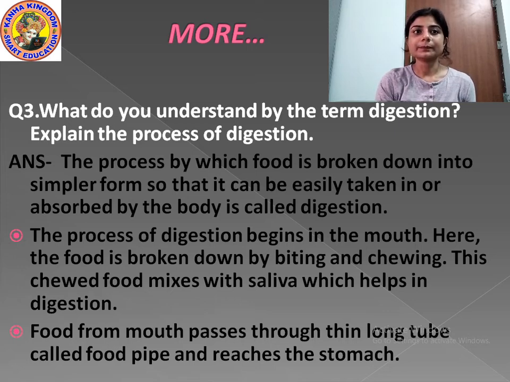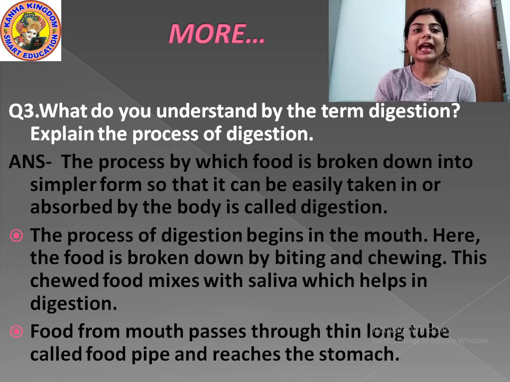Okay. Point number 1. The process of digestion begins in the mouth. Where does it begin? It begins in the mouth. Here, the food is broken down by biting and chewing. This chewed food mixes with saliva, which helps in digestion.